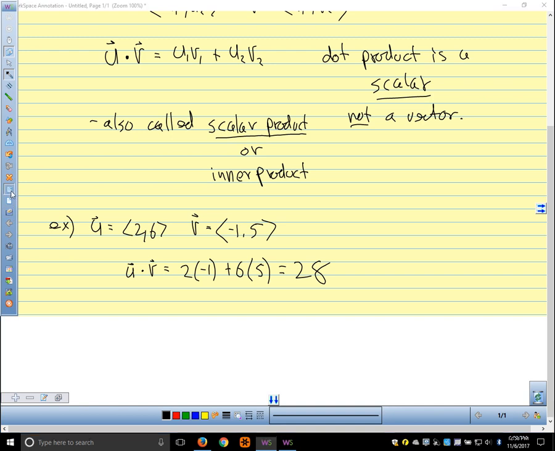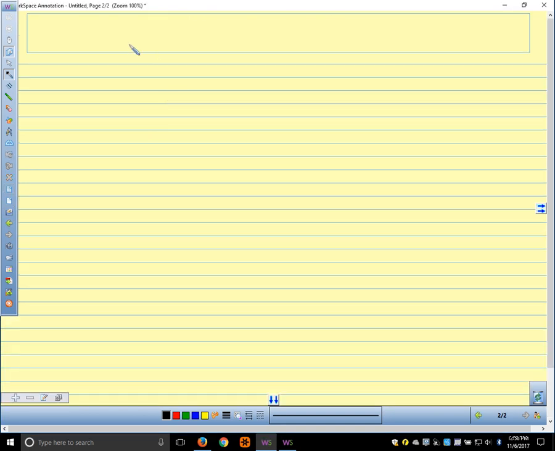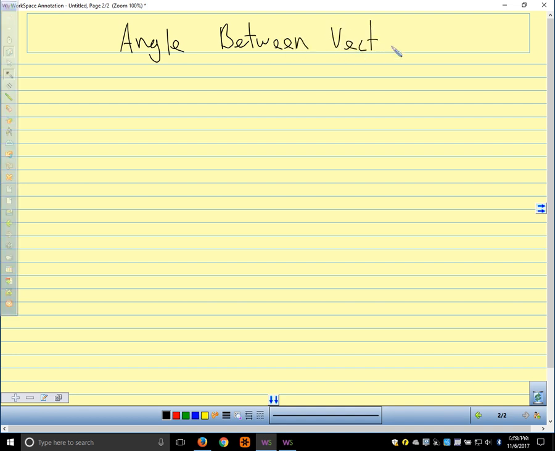All right. One thing that the dot product tells us. Yes? So for the dot product, when we get it to 28, what does that mean in terms of the vector? That's what we're going to talk about next.